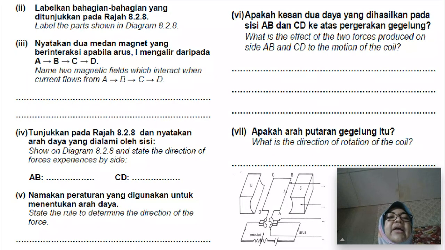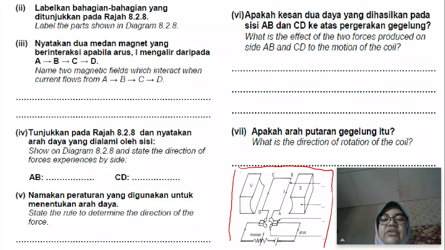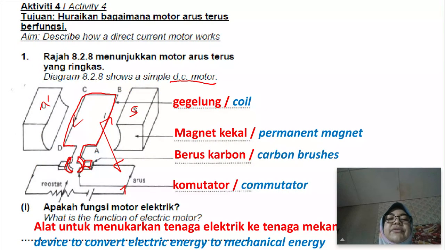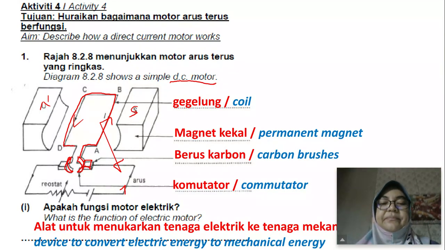So A, label the parts shown in diagram 8.2.8. So this is the diagram below here. Yang bawah sekali dekat sebelah muka saya tu. So we need to label. And labeling tadi dia sama macam slide yang sebelum ini. Okay. So the coil, permanent magnet, carbon brush and commutator.